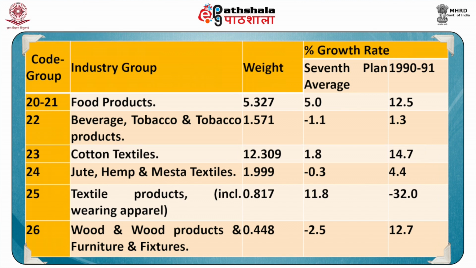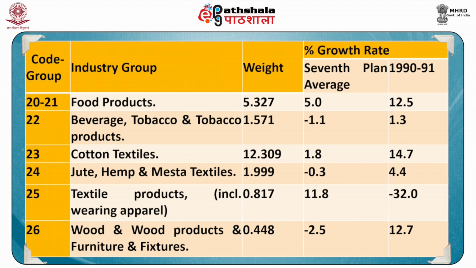14.7%. Next, jute, hemp and mesta textiles of weight 1.999 had a growth rate of -0.3% in the seventh plan, and in 1990-91 it was 4.4%.